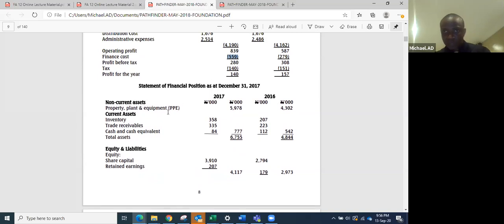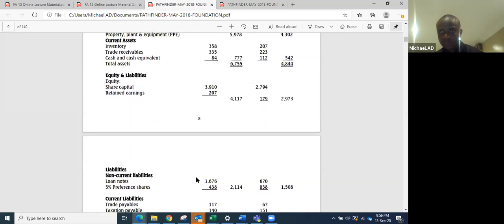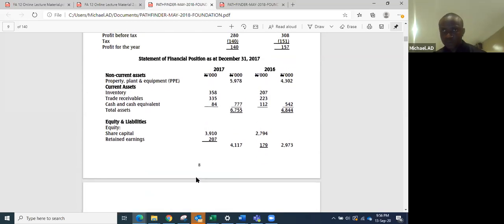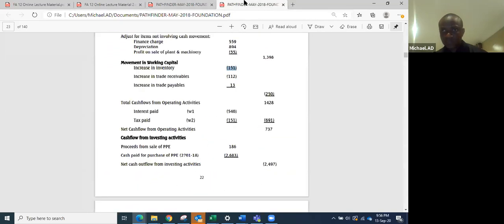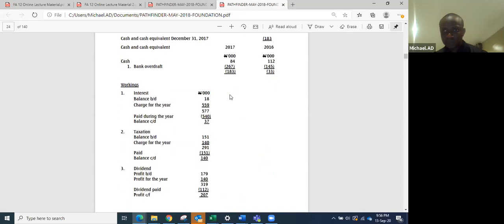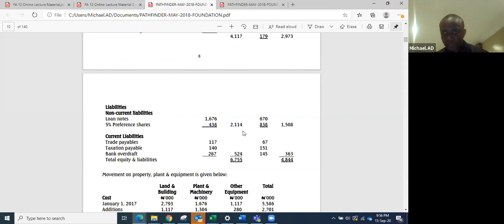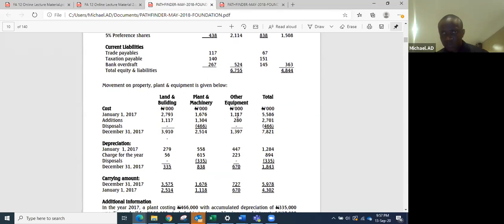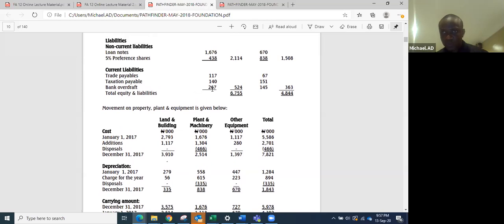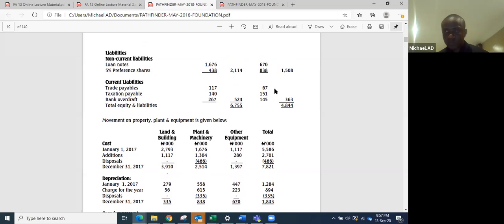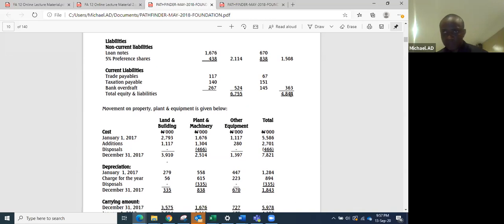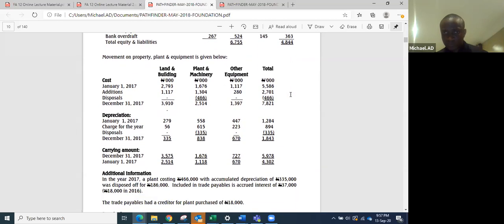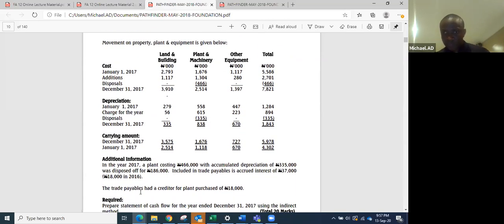So this is our PPE, this is our trade assets, profits, and 400, and our tax 540. Oh, okay.